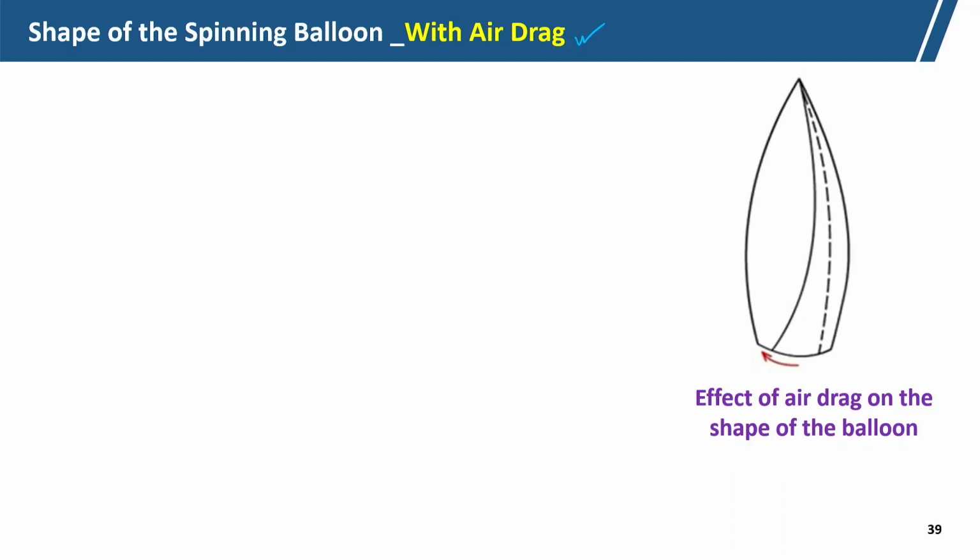Now, with the air drag what happens, you can see the air drag will try to push the balloon backward. Okay. So, the balloon is moving in this direction, so air drag will try to push back.